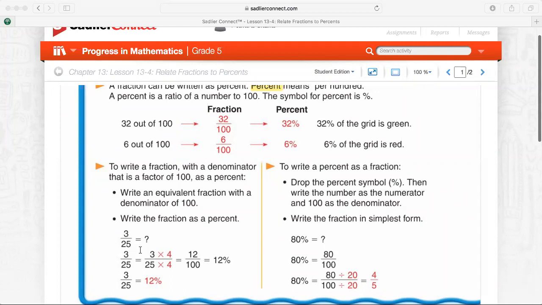I am going to write an equivalent fraction. I'm going to multiply the numerator and the denominator, up and down, by the same number. So I will get 100 in the denominator.